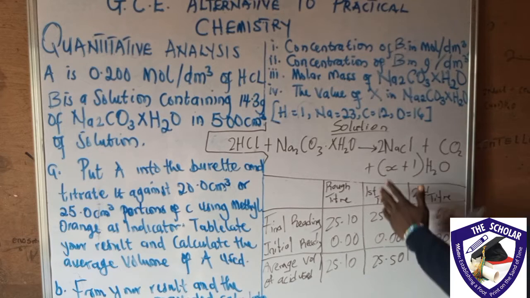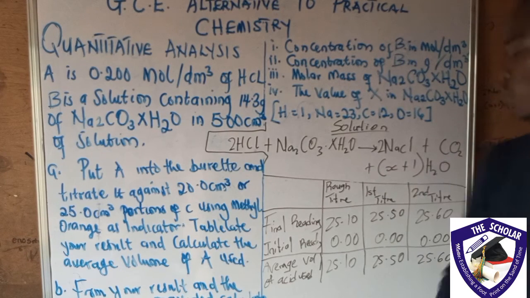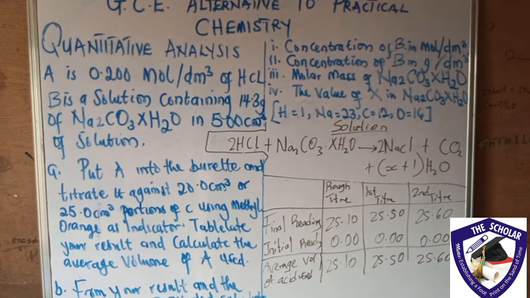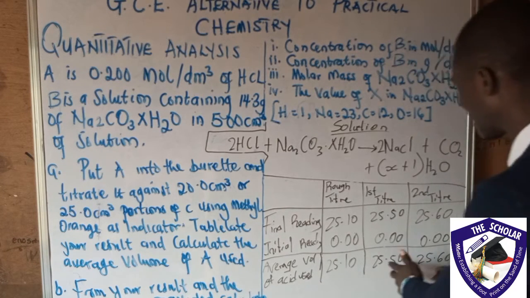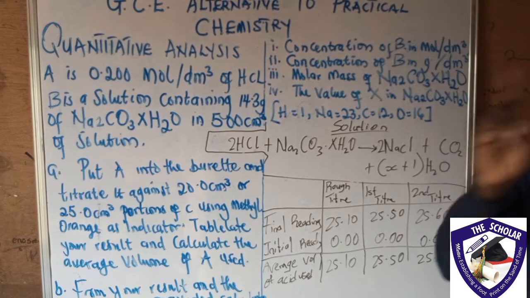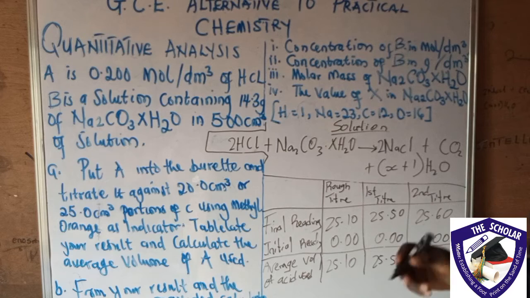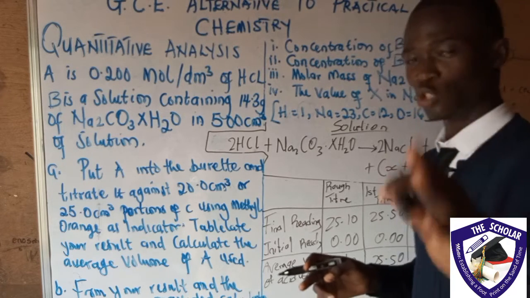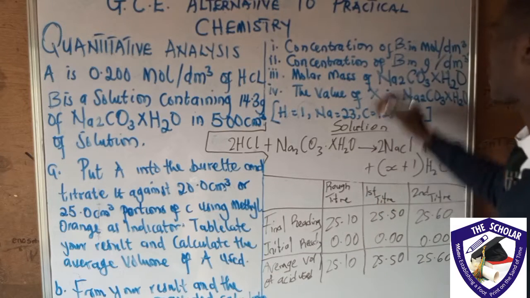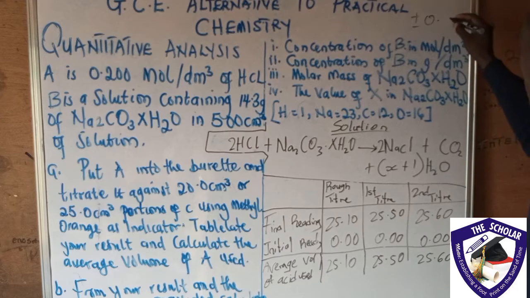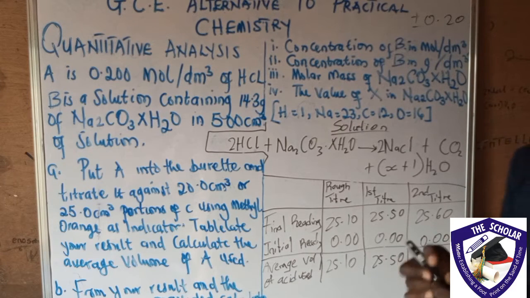Now, after carrying out the reaction, I have my first titer to be 25.50 and 25.60, which is accurate. If it were a WAEC class, I will tell you that for your first and second titer values, for you to be very sure that you are correct, your titer value must not be plus or minus 0.20.